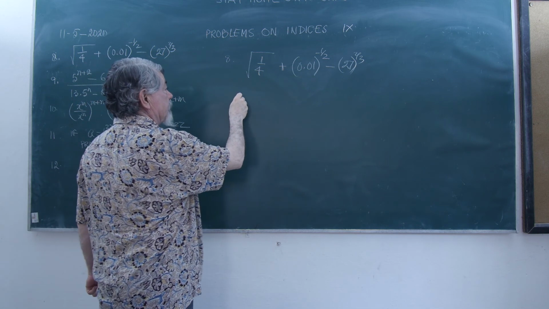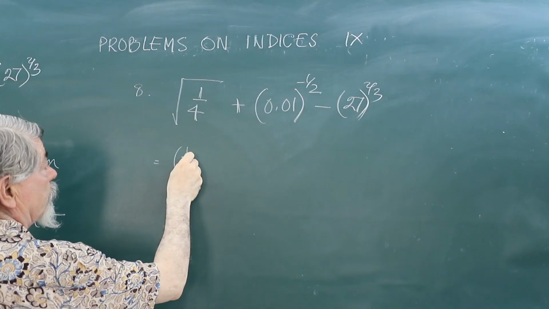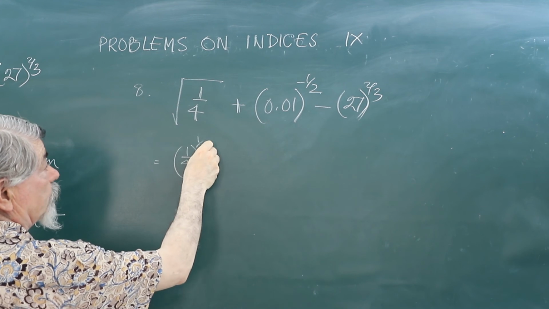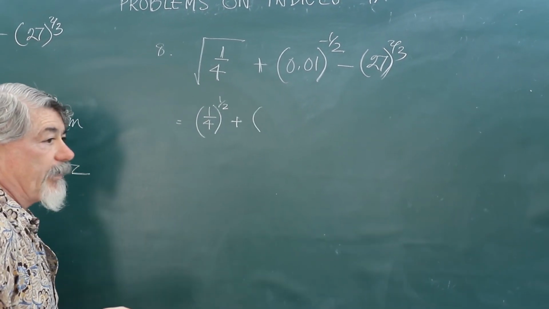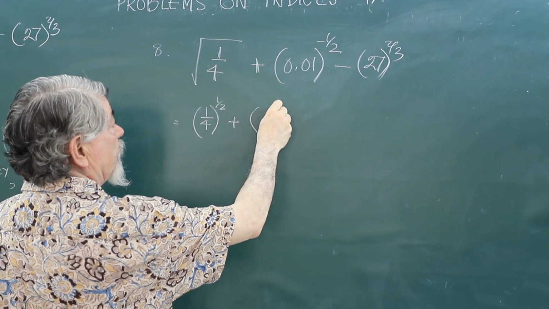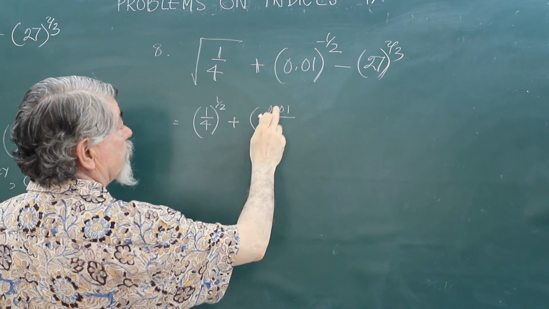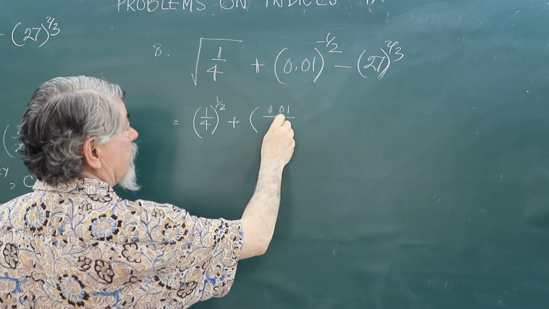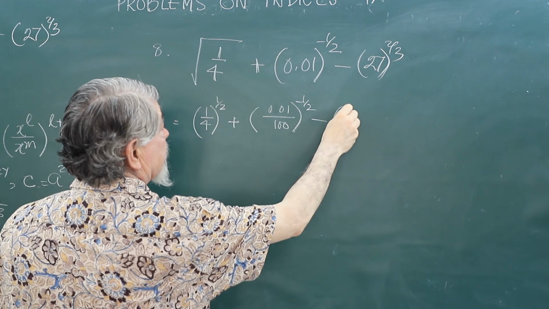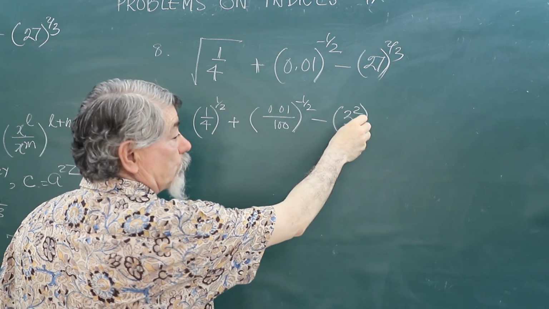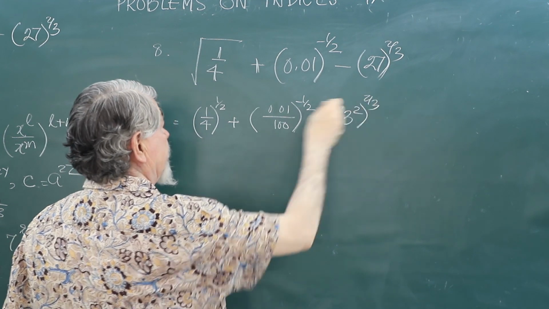Now obviously it is 1 upon 4 to the power 1 upon 2 plus, if I take away the decimal 0.01, then 1 upon 100 to the power minus 1 upon 2 minus 27 is 3 to the power 3, to the power 2 upon 3.